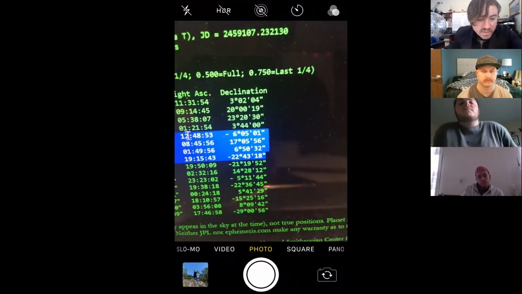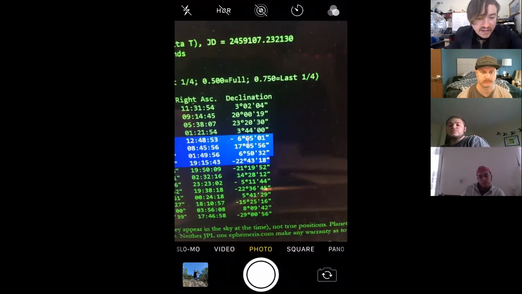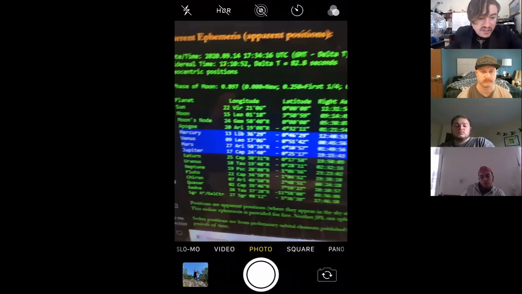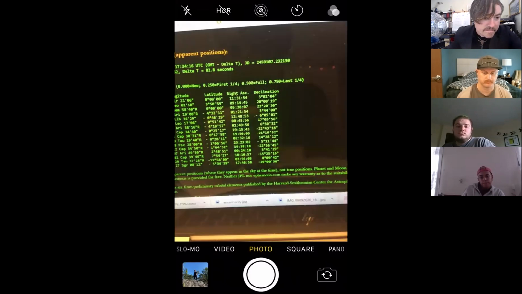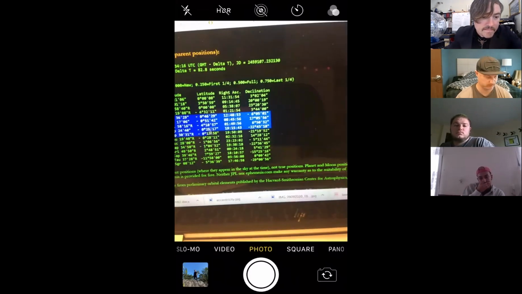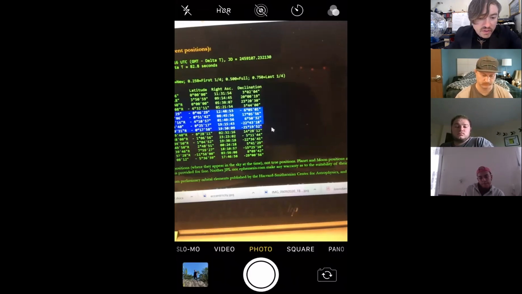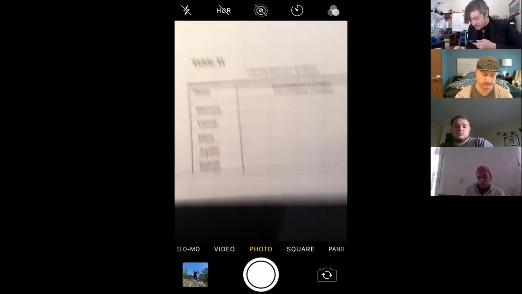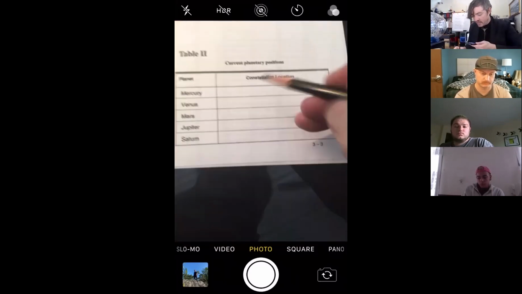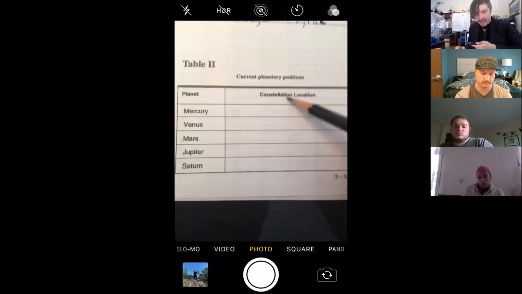We need hours, minutes, and then degrees for declination. Sorry, we want to get Saturn too. Let's get these coordinates down on the side. Our goal for this section is to discover in what constellation the 5 naked eye planets are tonight.